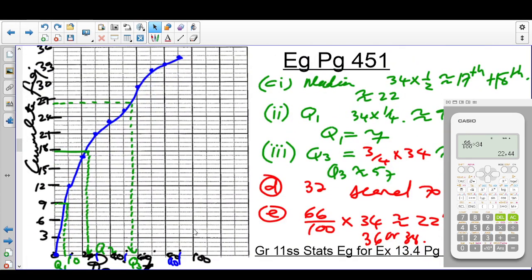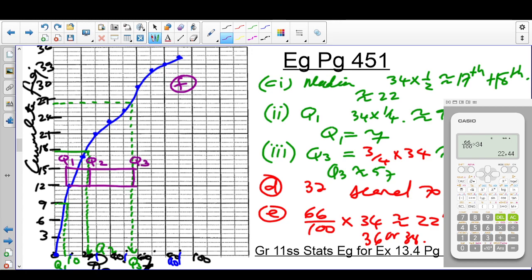Since we got the scale, this is the answer to F. We know that this is quartile 2. Quartile 1 was just less than that marking there, and quartile 3 is on this here. So there's your box.